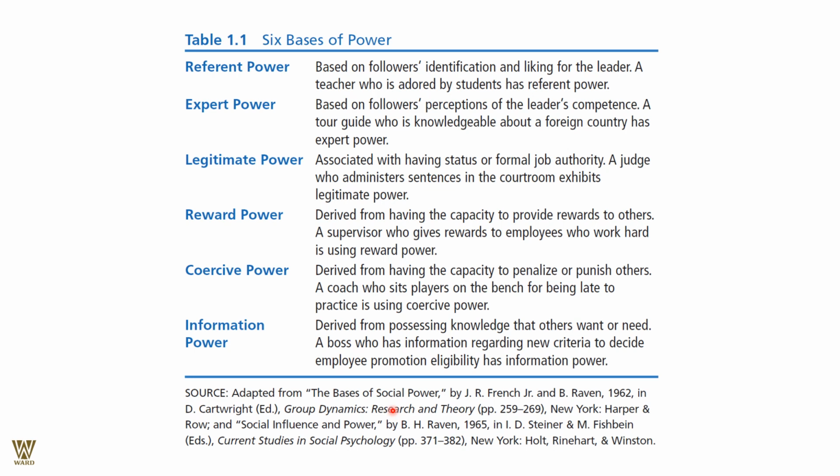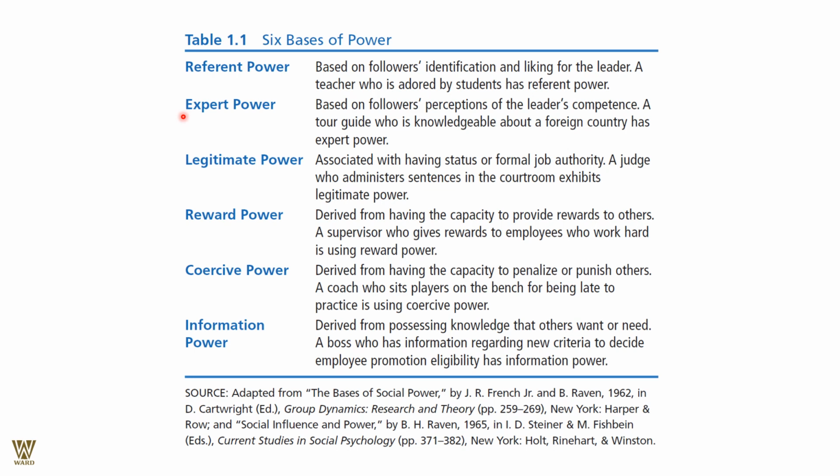This was the journal that came around it. So just adapted from there, we said that referent power is based on the follower's identification and liking for the leader. A teacher who is adored by the students has referent power. Similarly, expert power is based on the follower's perception of the leader's competence. A tour guide who is knowledgeable about a foreign country has expert power.